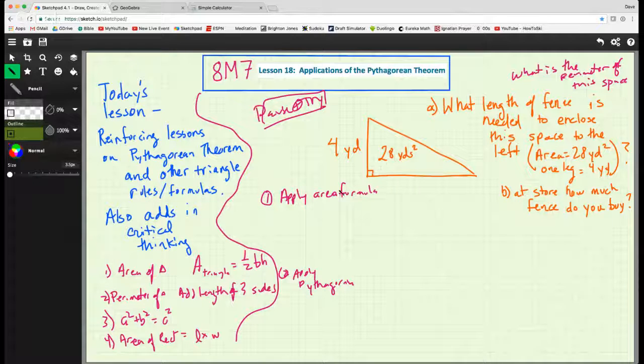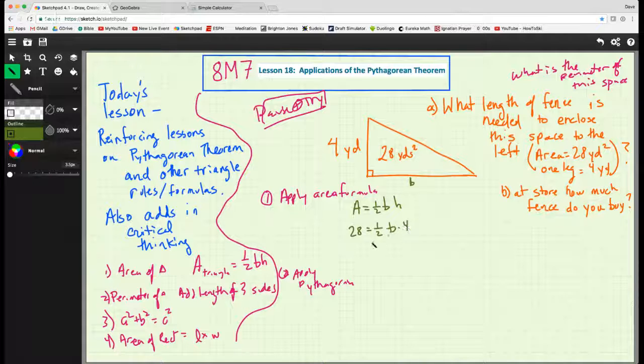So let's apply the area formula. The area is equal to a half of base times height, where this is the base and this is our height. Let's plug in our numbers. 28 equals 1/2 of the base times 4.